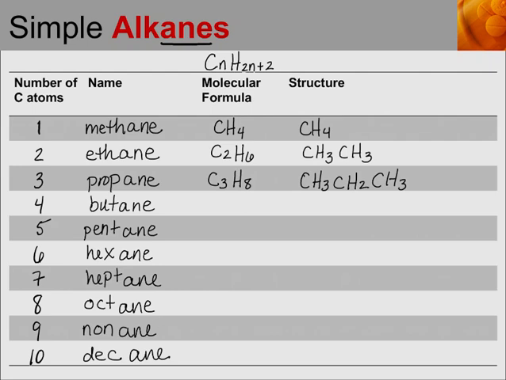All right, let's fill in the molecular formulas. So we've got C4, C5, C6, etc. And now we just need to fill in the number of hydrogens. But as you can probably see from before, we're just increasing that by 2 each time. And you can just double check that this is valid by doing the math.